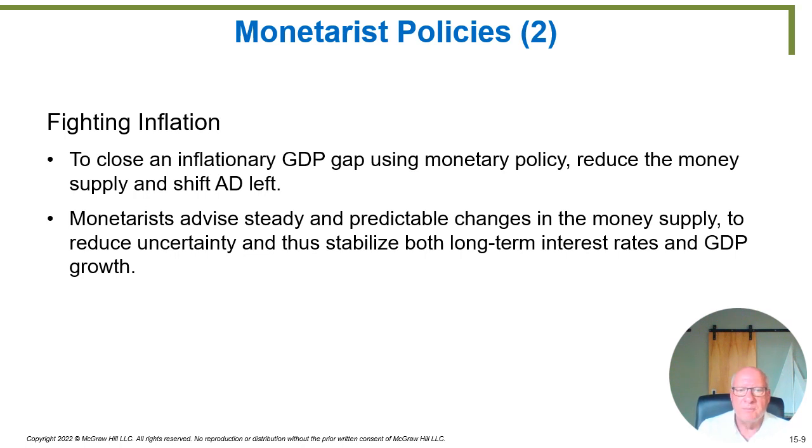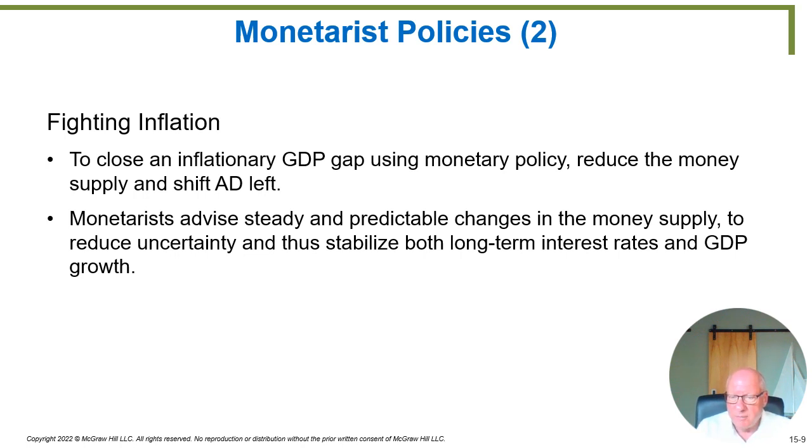So what monetarists want to have happen, or what they advise the Federal Reserve to do, is to maintain a steady and predictable change in the money supply and change it by roughly the amount that the economy naturally grows at in real terms, how much the real economy is growing.